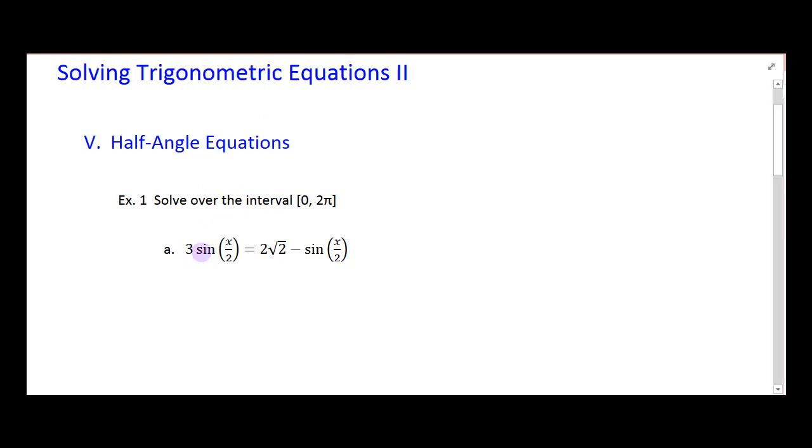If we're looking at this, notice that if I take the sine of some angle, this here in parentheses, where the variable is at, is the angle that I'm talking about. And this angle is divided by 2 in this particular case. So we call this a half angle. When we address these types of equations, we want to start by understanding the interval that we're talking about is addressing x.